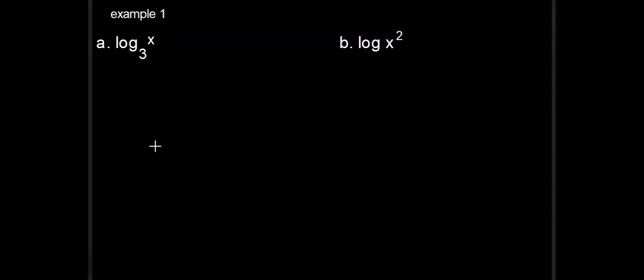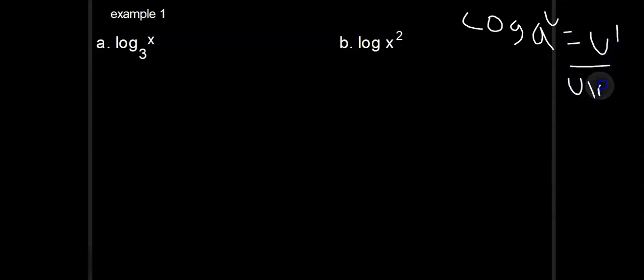Let me write the formula for you over here, and you're going to see how the formula and the equation relate. The formula is: the derivative of log a of u is always equal to u derivative over u ln a. So don't forget this formula.